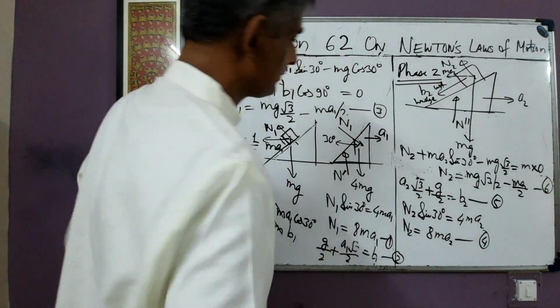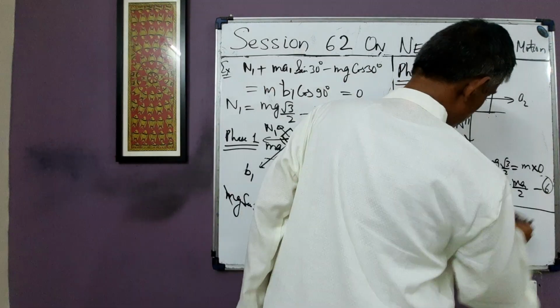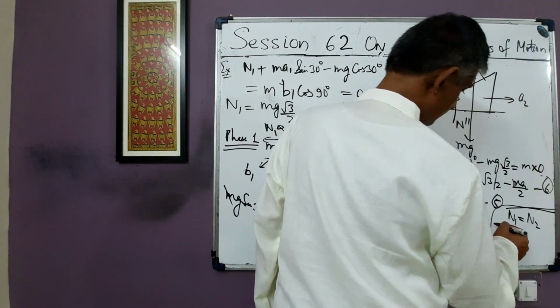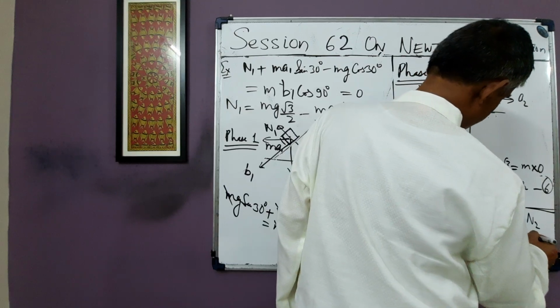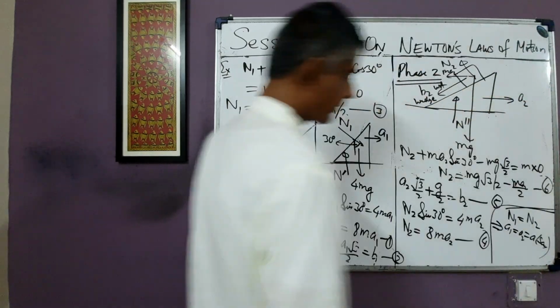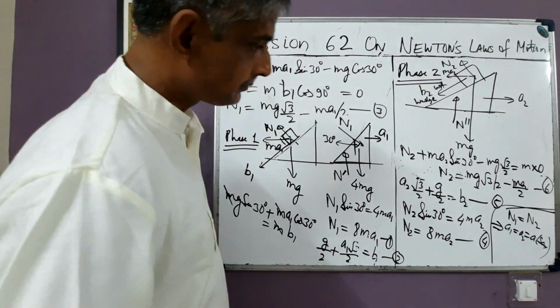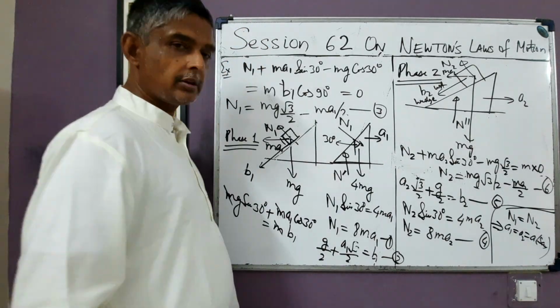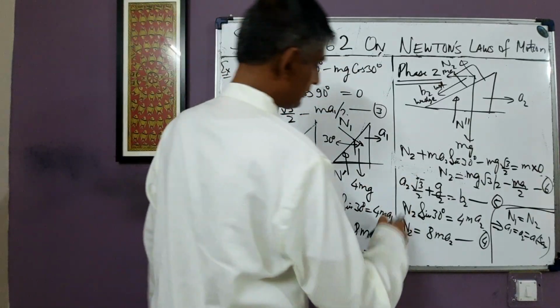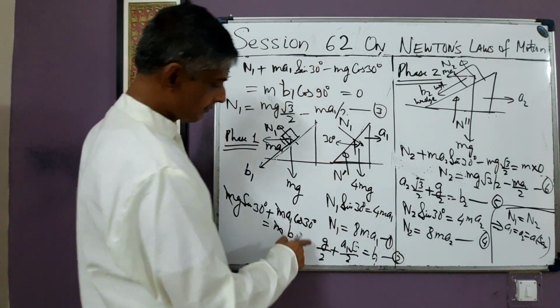So what does this imply? This implies that in both upward and downward journey, n1 and n2 are equal, which implies a1 and a2 are also equal to a, say. And this will imply that b1 and b2 will also be equal.